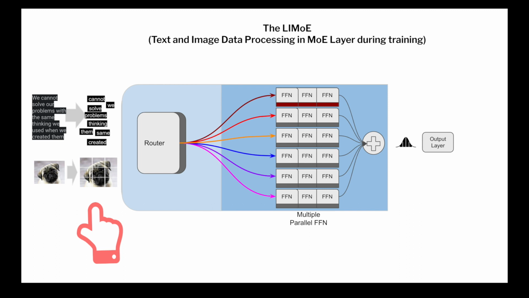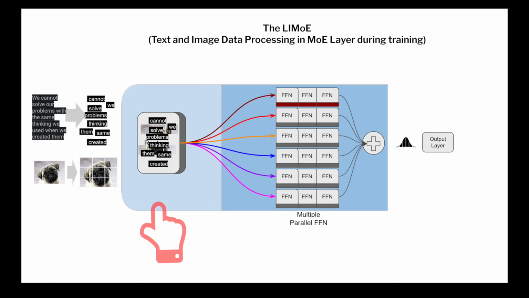The data is tokenized at this point, and once the tokens are available, these tokens are fed to the MOE layer, where router is the first entry point to process these tokens. Depending on number of tokens available at the router, the number of expert layer or a collection of feed-forward networks will be active.